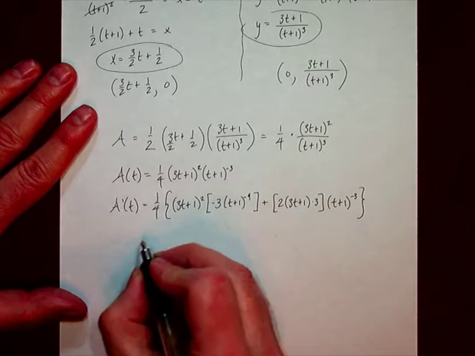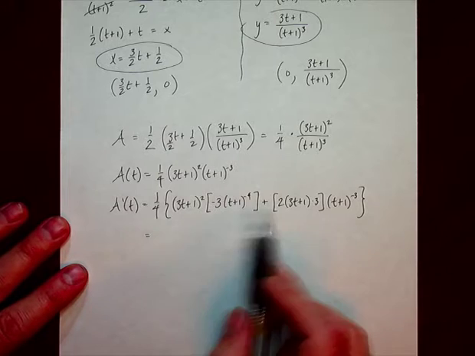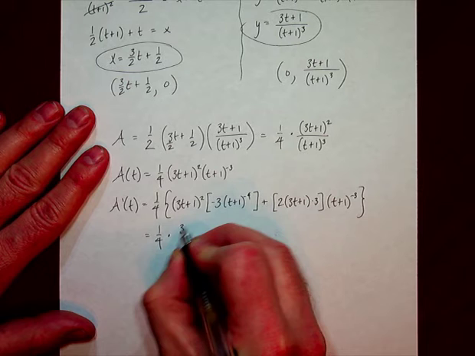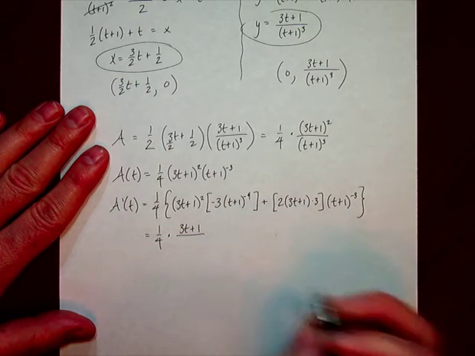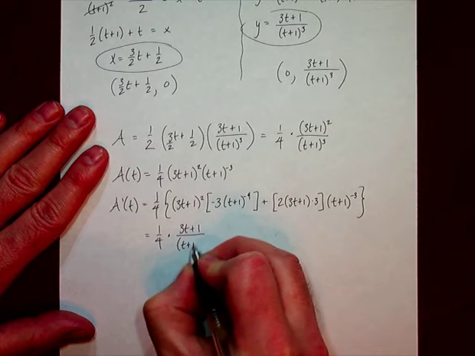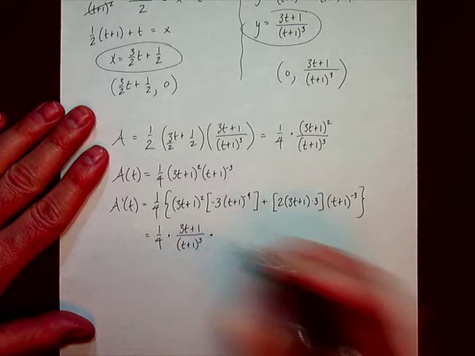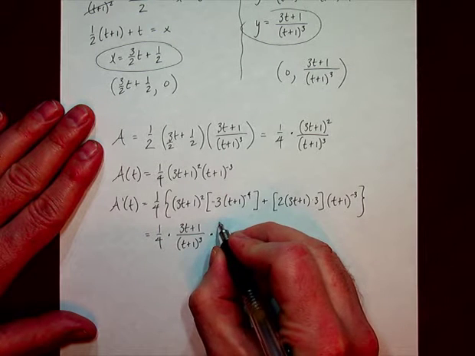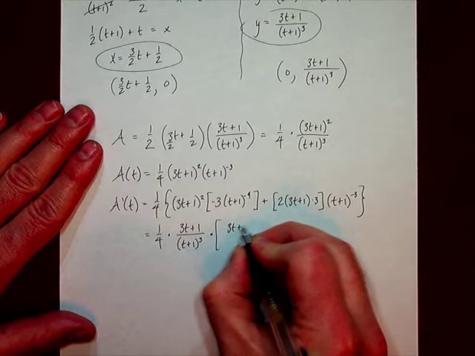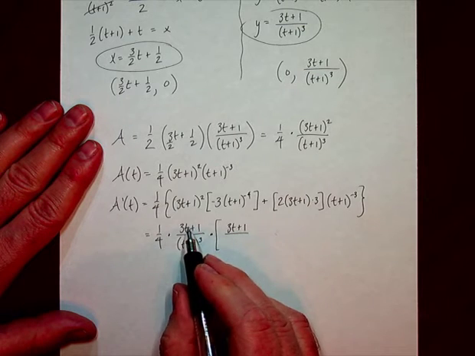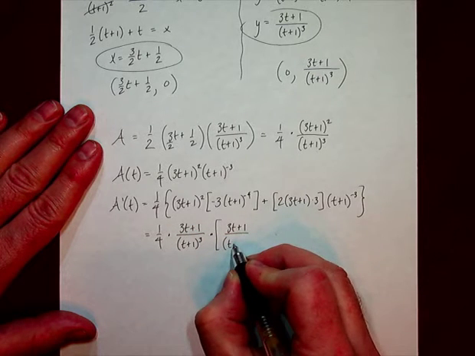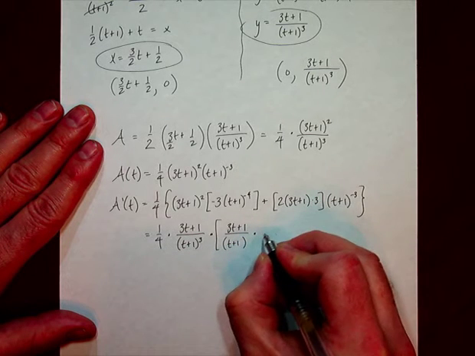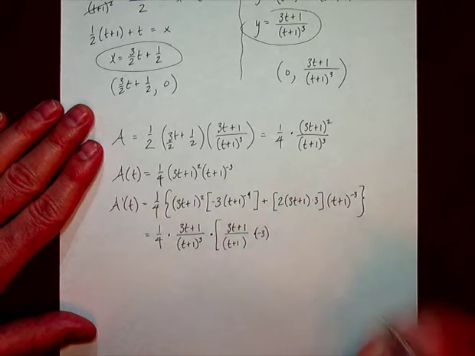Now, there's something common to both of these terms. There is in common a 3t plus 1, and there is in common a (t plus 1) cubed in the denominator. Now, when I pull out both of those from the first term, I'm going to be left with 3t plus 1, because it only took out one of them, and t plus 1 in the denominator, and I'm going to be multiplying that by a negative 3.